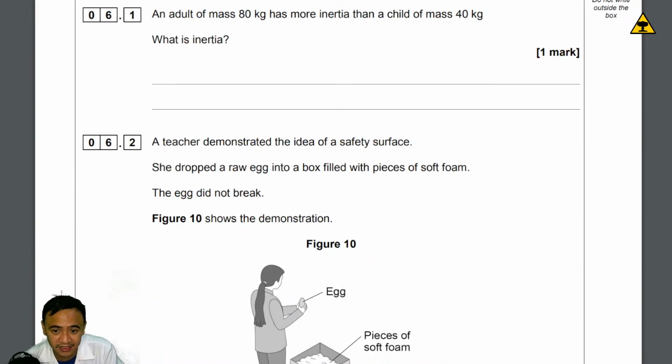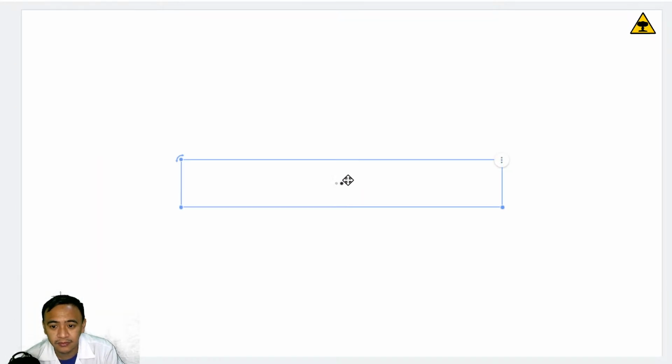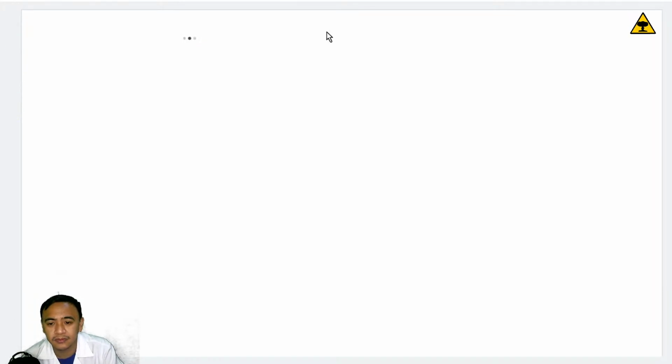An adult of mass 80 kilograms has more inertia than a child of mass 40 kilograms. What is inertia?